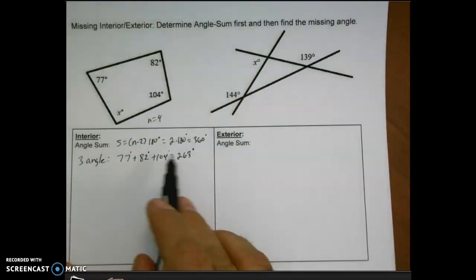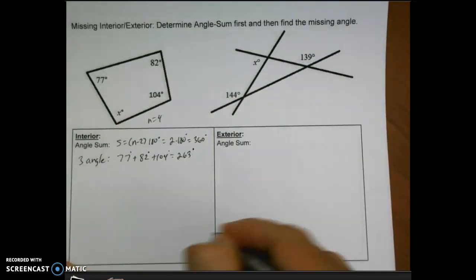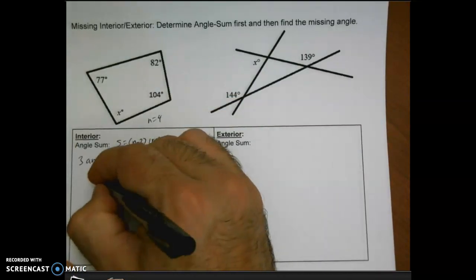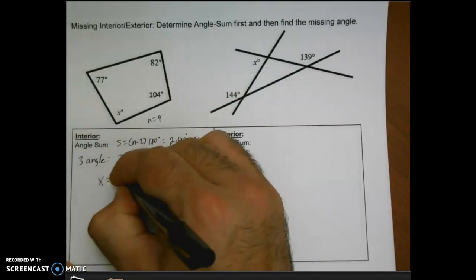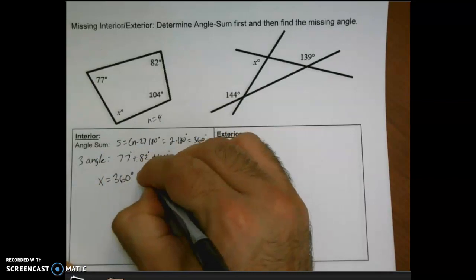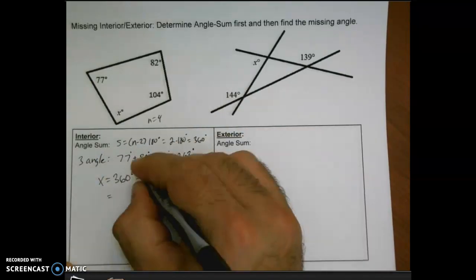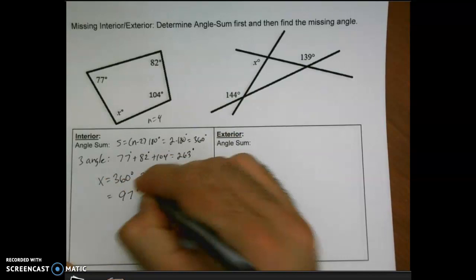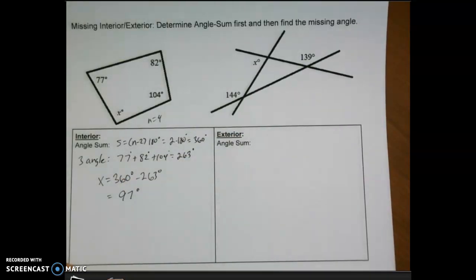So my three angles are 263. This angle x has got to be the leftover. So I'd subtract it. 360 minus 263 ends up being 97 degrees. So since I knew three angles, I could find the fourth.